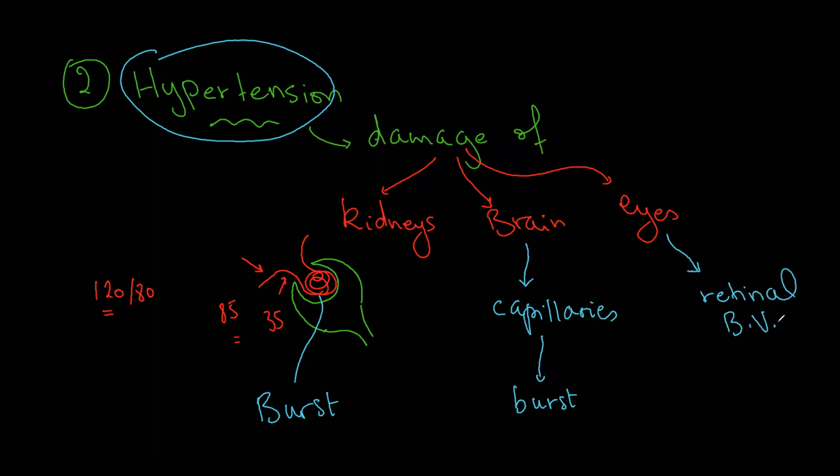Because if there is atherosclerosis or hypertension, it causes atherosclerosis in the tiny blood vessels that supply the retina, so they become blocked. So the retina will not receive enough oxygen and nutrition. It will be starved, and this will lead to blindness because the cells of the retina are going to die.